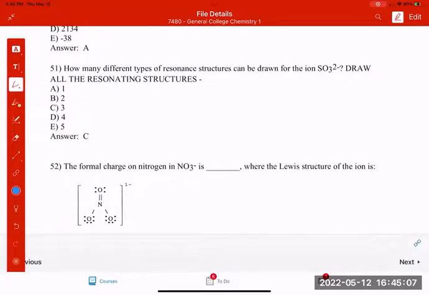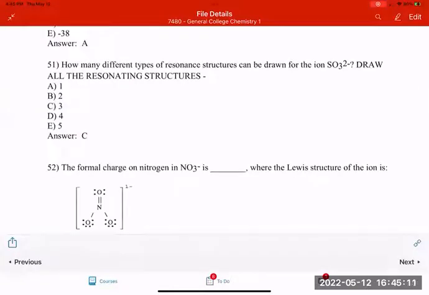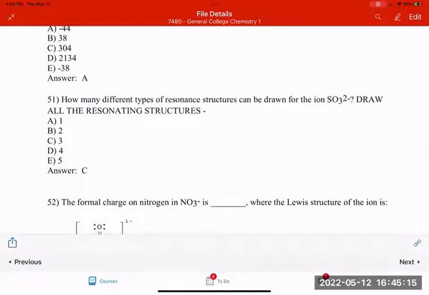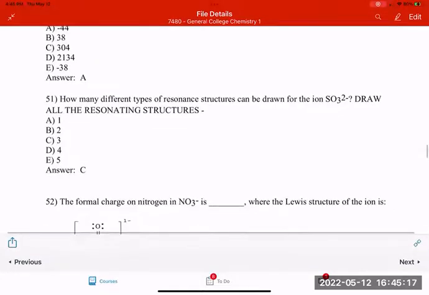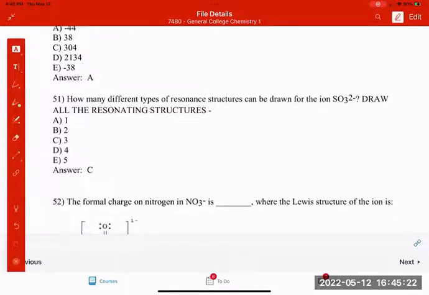Now resonating structure, it is the same as the bromate we covered, okay? In bromate, like I showed you, the movement of the double bond. So when we talk about the resonating structures, we are actually looking at the movement of the double bond. The double bond moves, and with that, the charge also moves.